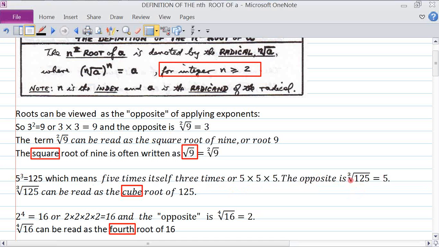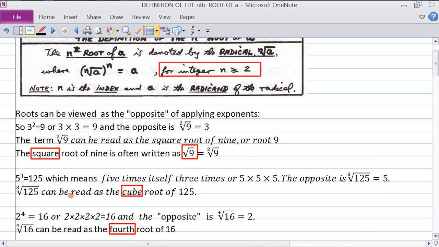The opposite of this is the cube root of 125, and 5 multiplied by itself 3 times is 125. So taking the cube root of 125 is essentially asking what number when multiplied by itself 3 times gives us 125, and the answer is 5.